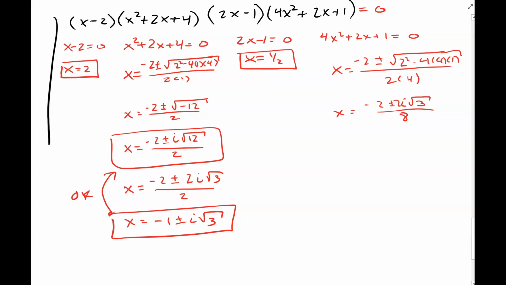Everybody's okay with me doing that? It's the same simplification as the other one was. All right. Notice the numerator, everything is being multiplied by 2, and the denominator is also divisible by 2, so I can reduce that. And there's my best answer.